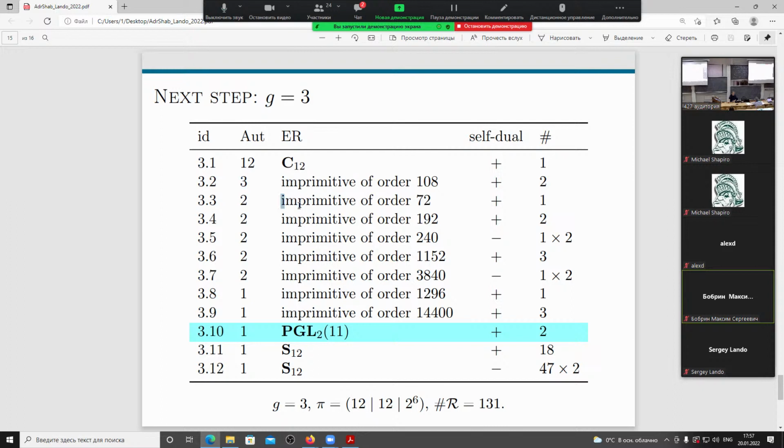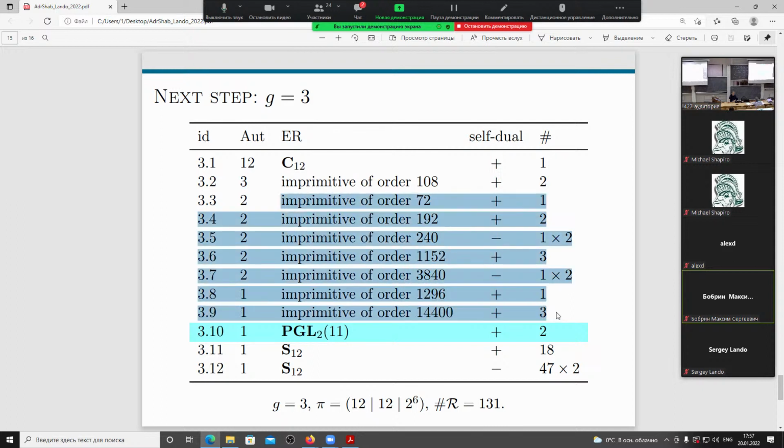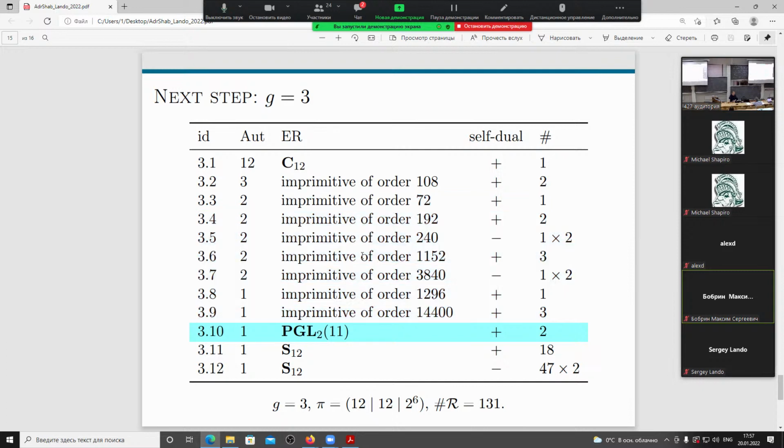There are a lot of other descents with imprimitive groups. Imprimitive groups means that the Belyi function can be presented as a composition of other functions.